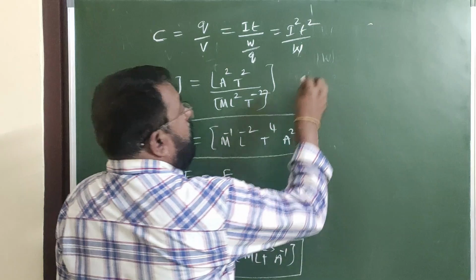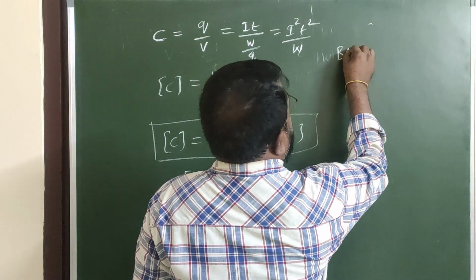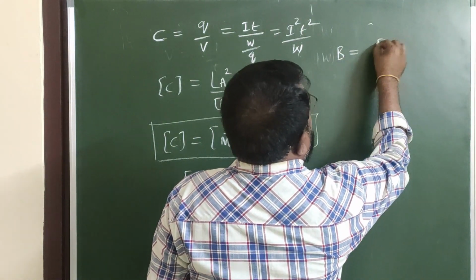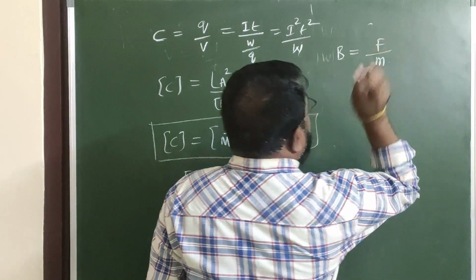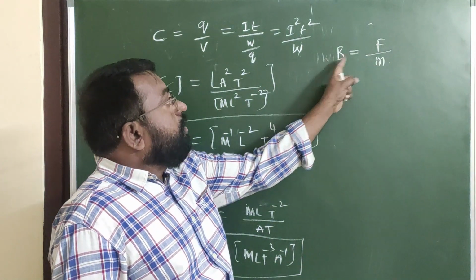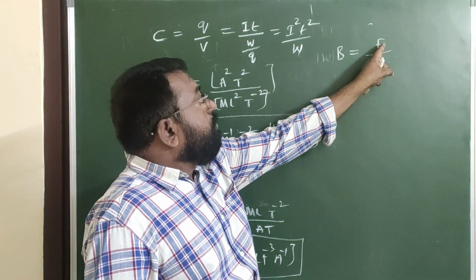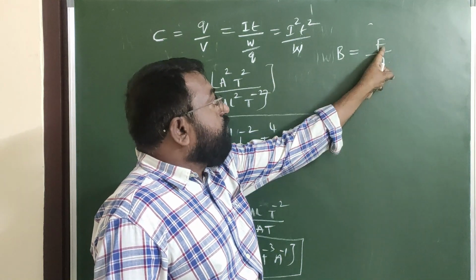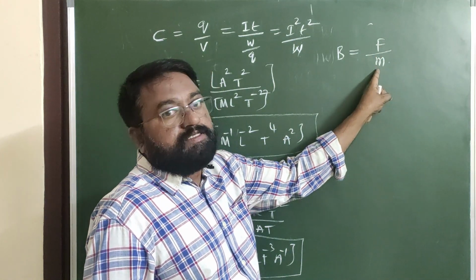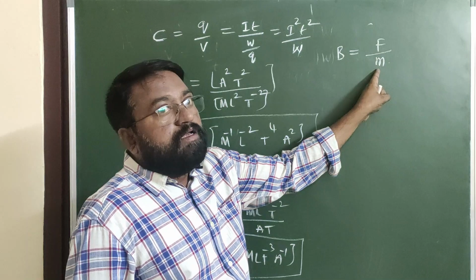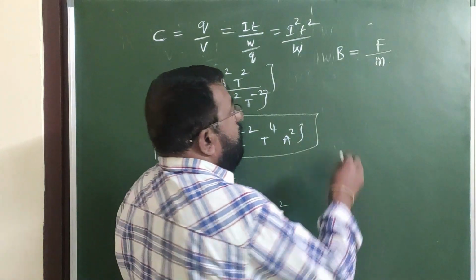Like that, magnetic induction B. B is equal to F by M. Here F is force, and M is not mass, it is pole strength. Its unit is ampere meter.